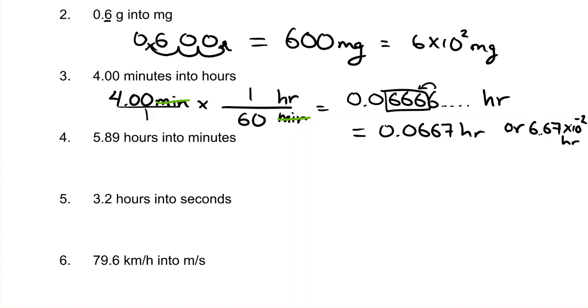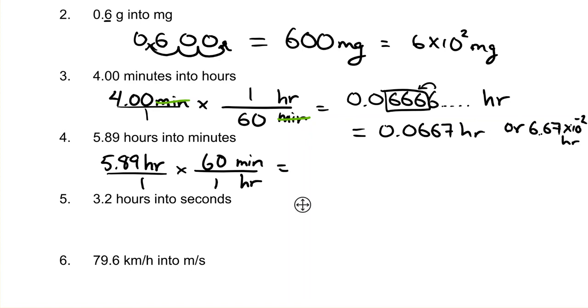It's time, so we got to use a conversion factor. 5.89 hours. So I want to get rid of hours, so I'm going to put hours on the bottom, and I'm going to turn it into minutes. So in 1 hour, there's 60 minutes.